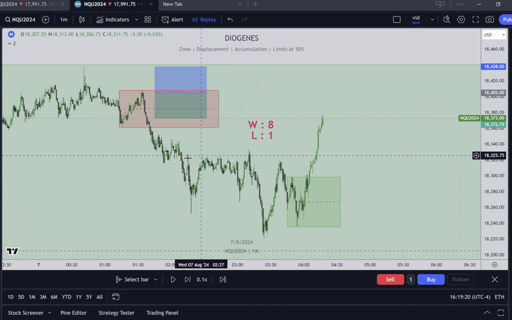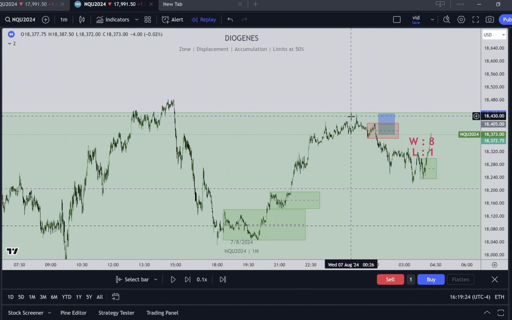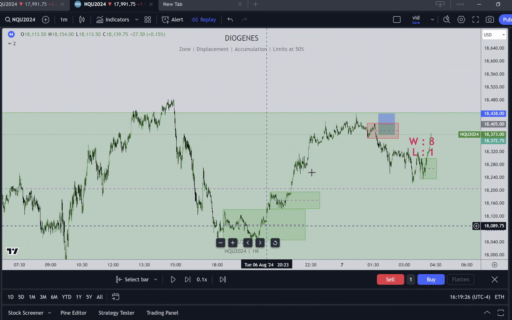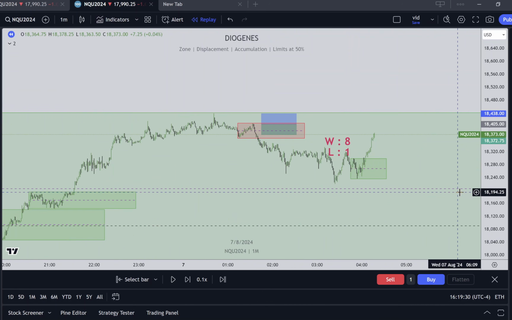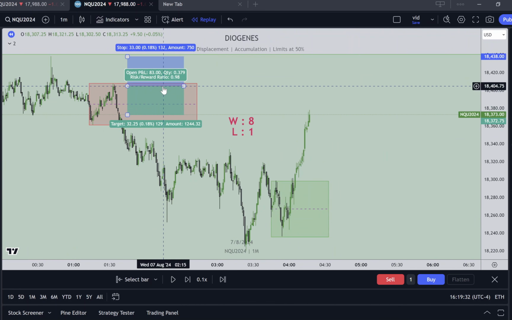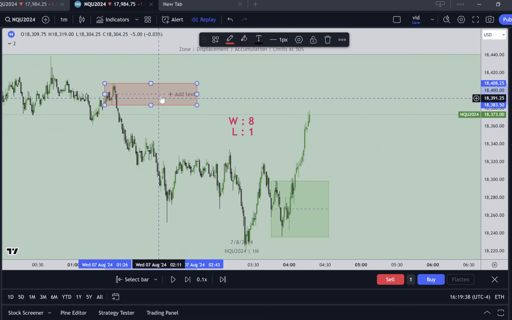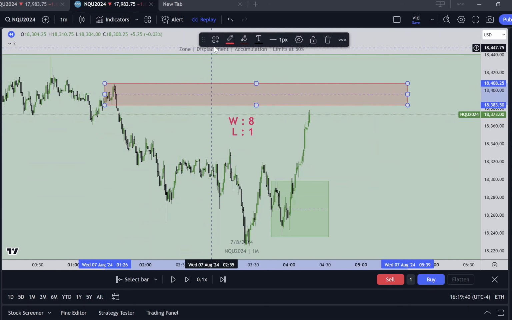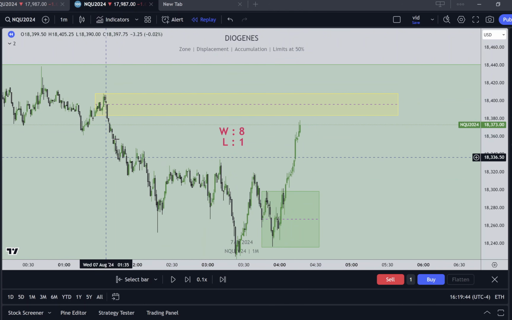And I was like, price is ranging. Why? Because this low failed to take this high. So we are maybe in a ranging situation. And in ranging situations, we don't go counter trend. We only trust the glitch. So I took this glitch with the guys.